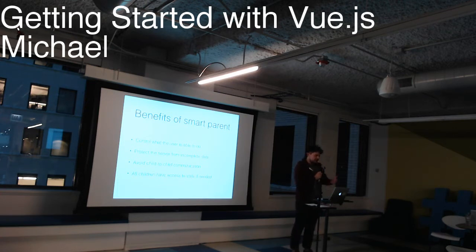But we subscribe at Outcome Health, anyways, the team I'm on, we subscribe to this mantra, if you will, of we want our parent to be super smart, we want the children to be very dumb, and obviously there's gray area in that blanket statement. But I would encourage you, if you pick up the framework or are walking through the code examples, to keep that in mind.